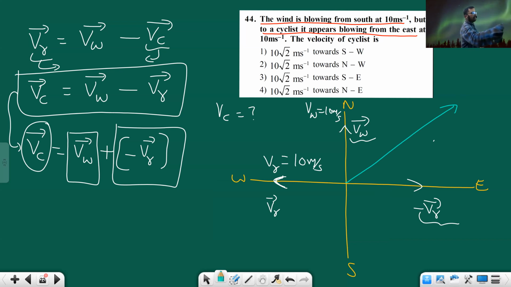The resultant is VC bar, the cyclist velocity, in this direction. So finally VC bar direction is lying somewhere in between north and east.